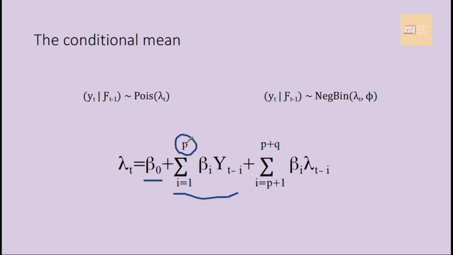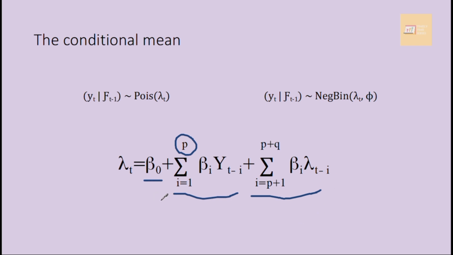The point is how many lags of observations we want to use. It's more accurate to say that P is the total number of past observations we want to use. And then the third term is for the moving average part.